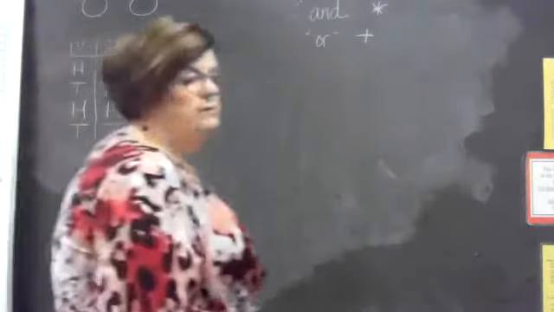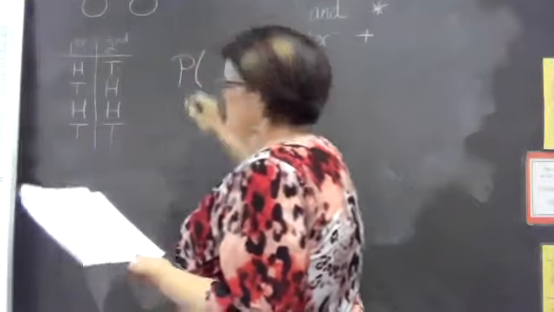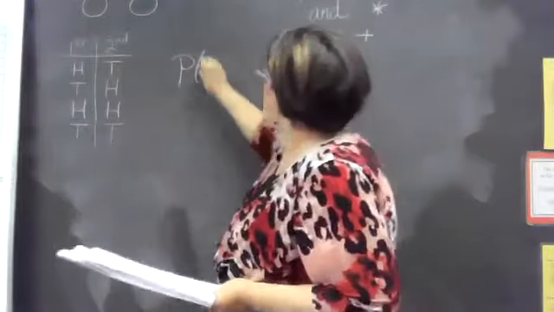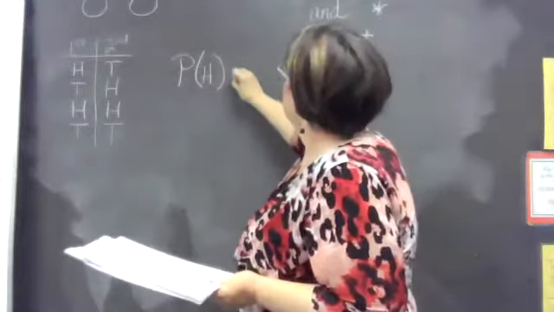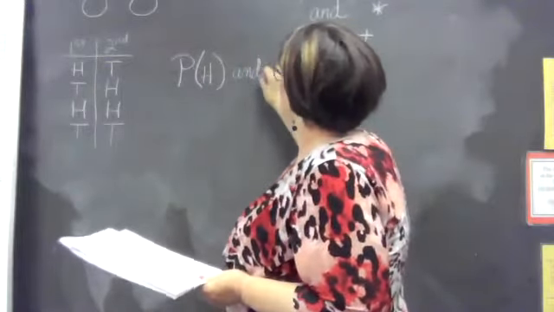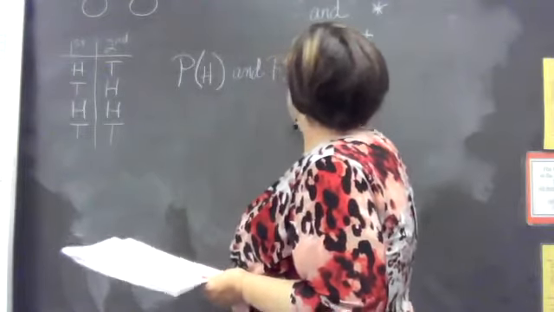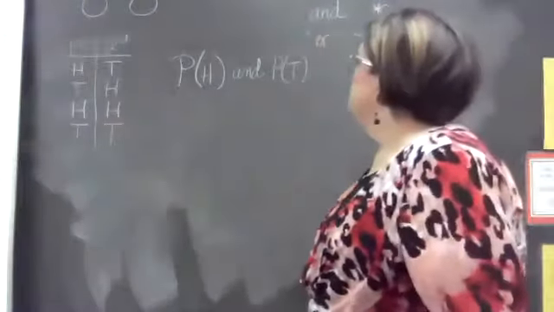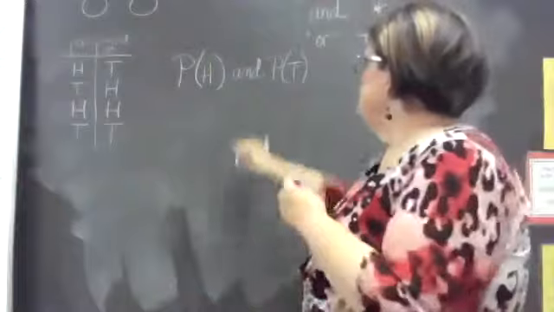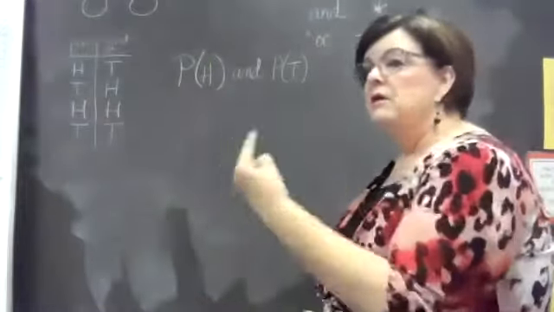All right, 4 possibilities. Now it wants to know the probability of a head first, and the probability of a tail on the second one. There are 2 ways you can do this. You can look in all of our outcomes and find where heads is on the first and tails is on the second.